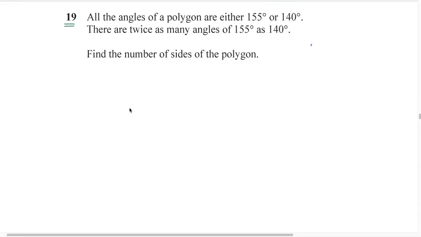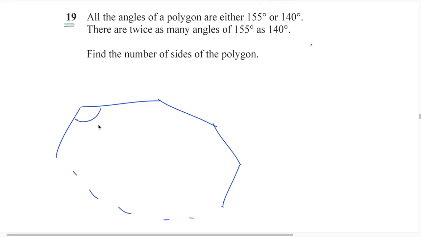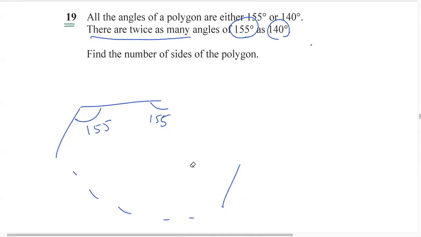Let me draw what you said: we have some polygon with an unknown number of sides, some interior angles as 155 and some as 140, and one more piece of information, twice as many 155s as 140s. So I may be looking at two 155s and one 140 or more. How many there are is unknown, and we have to find the number of sides of the polygon.